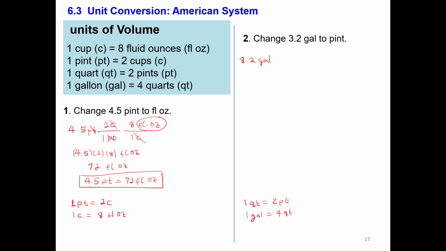We start with 3.2 gallons. First we will convert gallons into quarts. We need to write the conversion factor in the way that the gallons cancel out. Then we will have 1 gallon here, and 4 quarts on top.